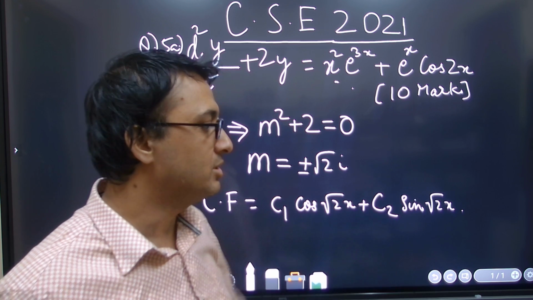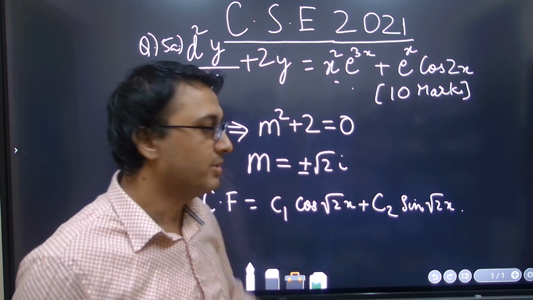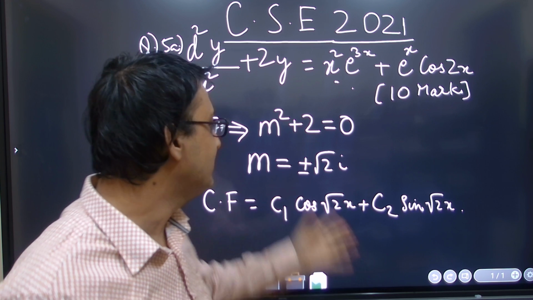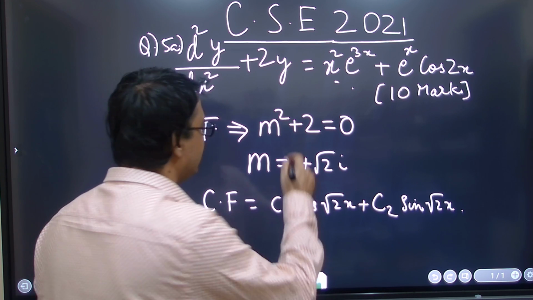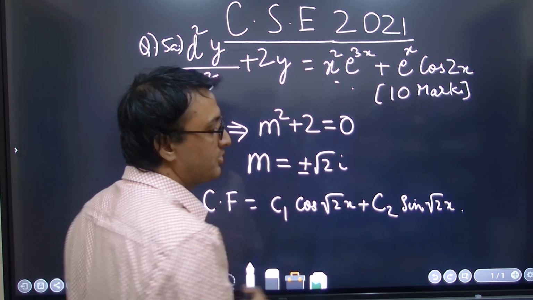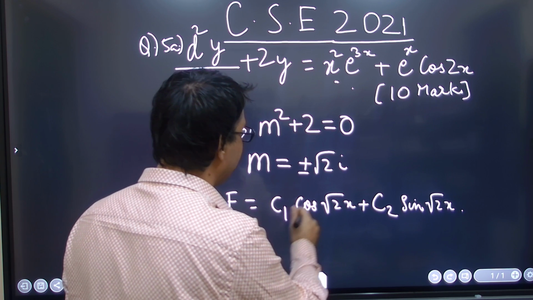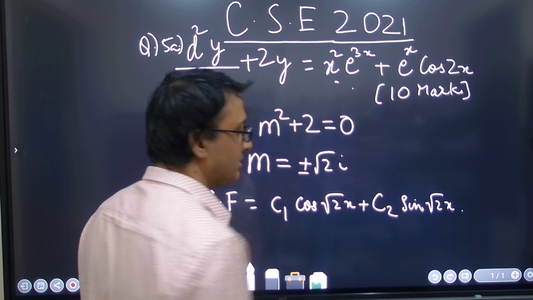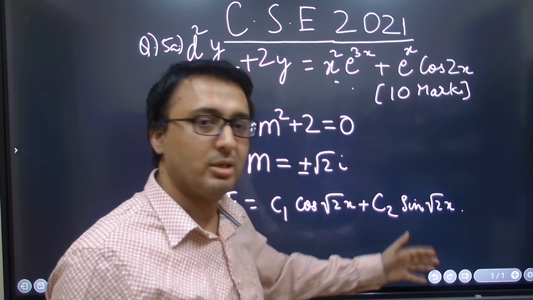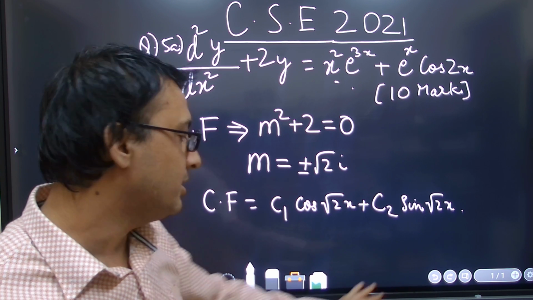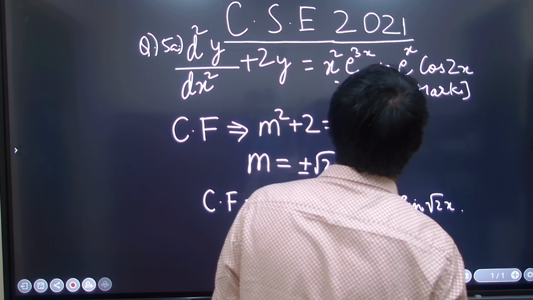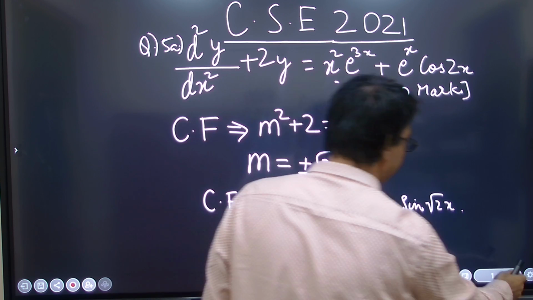Many students sent us their solutions in examination conditions, and some made silly mistakes: the coefficient is 2, and they thought of it as 4 or whatever, and did not write root 2, but wrote c1 cos 2x plus c2 sine 2x. Once you make a fundamental error at the beginning of the question, the majority of the marks is gone then and there. Now we will find the particular integral with regard to x square e to the power 3x.